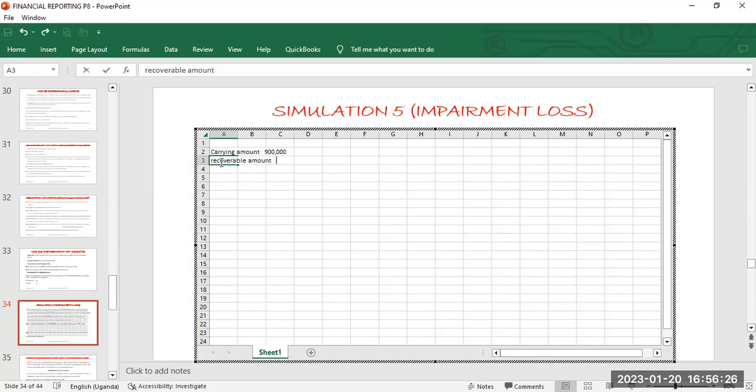First, we have the fair value less cost to sell, which they gave us. The fair value was given to us as 66.